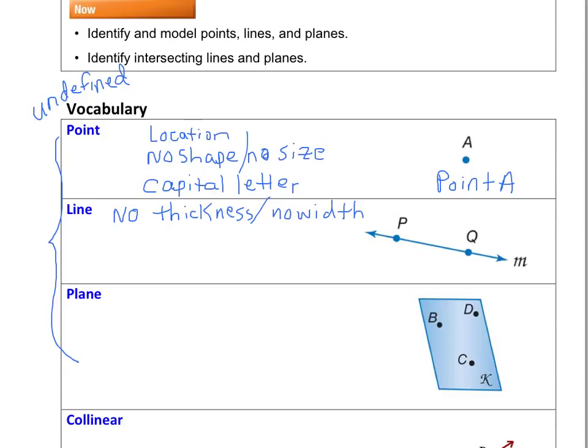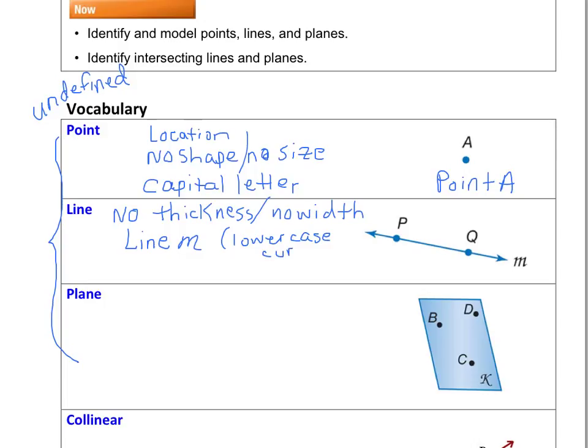And here we can name this line in two different ways. Symbolically, we could say that this line, and we can write out the word line, is labeled with a lowercase cursive letter. Lowercase, and you're going to see it italicized.